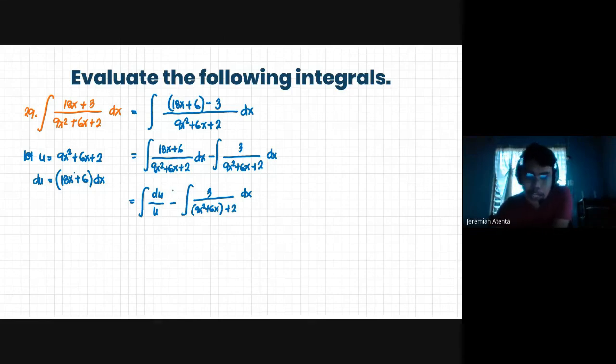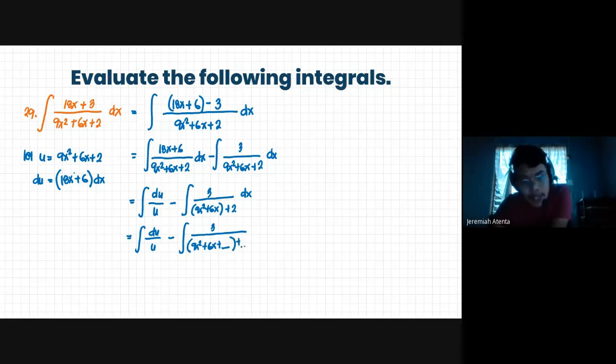Ano ba? We need to add something here. Ano ba dapat yung i-add natin? What do you think, guys? Integral of du, rewrite ko muna, minus integral of 3 over 9x squared plus 6x plus something minus something plus 2 dx.